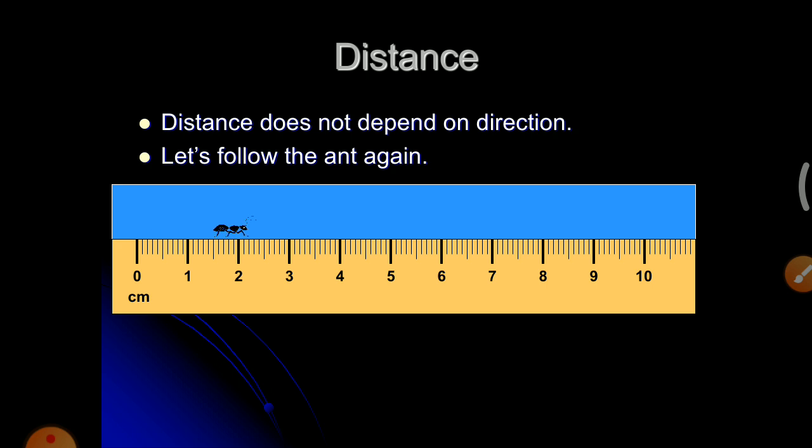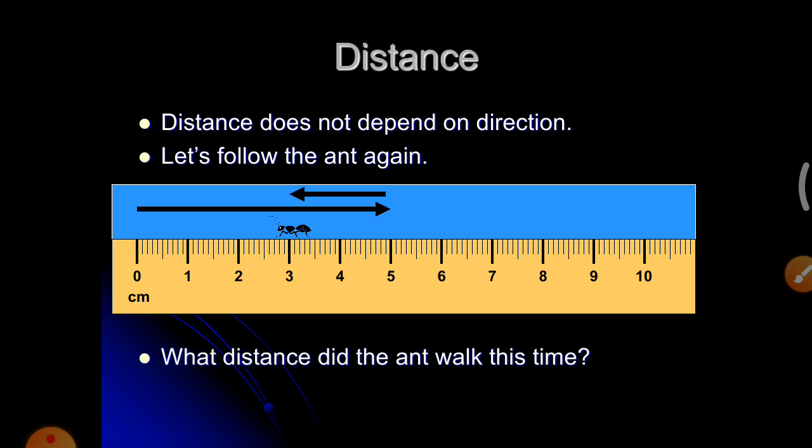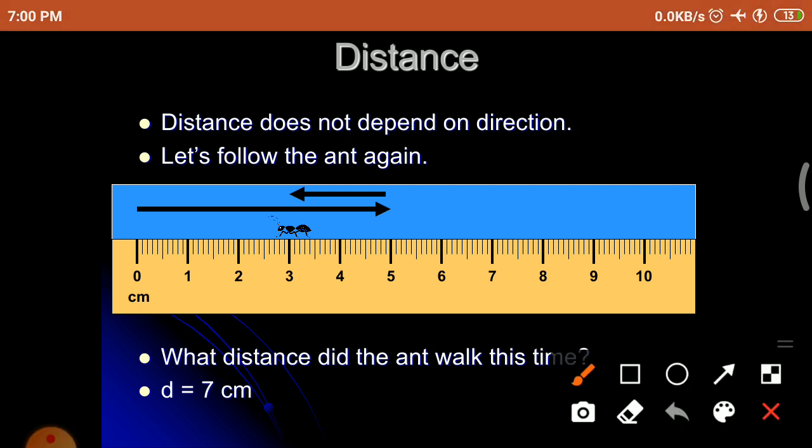Let us follow the ant again. How much distance did the ant travel? What distance did the ant walk this time? d equals 7 centimeters. How? From 0 to 5 is 5, and 5 to 3 is 2 centimeters.